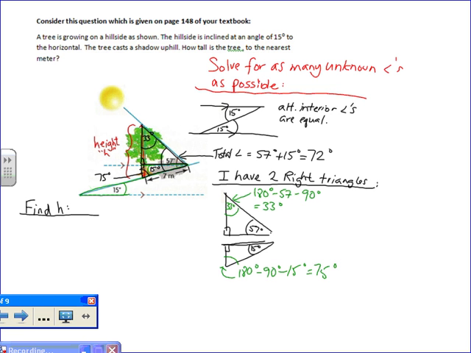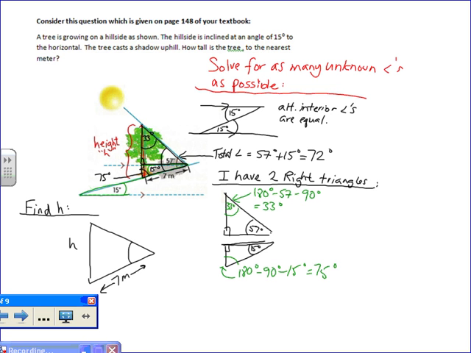Okay, I'm going to redraw the triangle that I have, the bigger triangle. So there's the height of my tree right there, h. Okay, and I see that it makes a triangle that looks like this. Where I've got 7 meters along here.